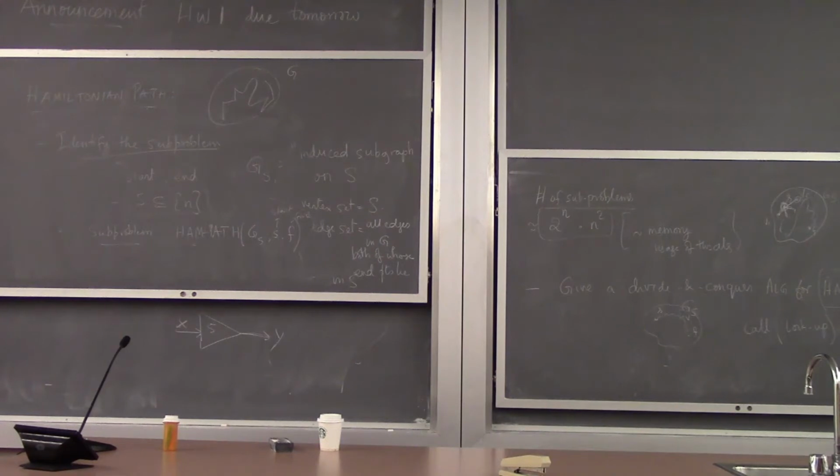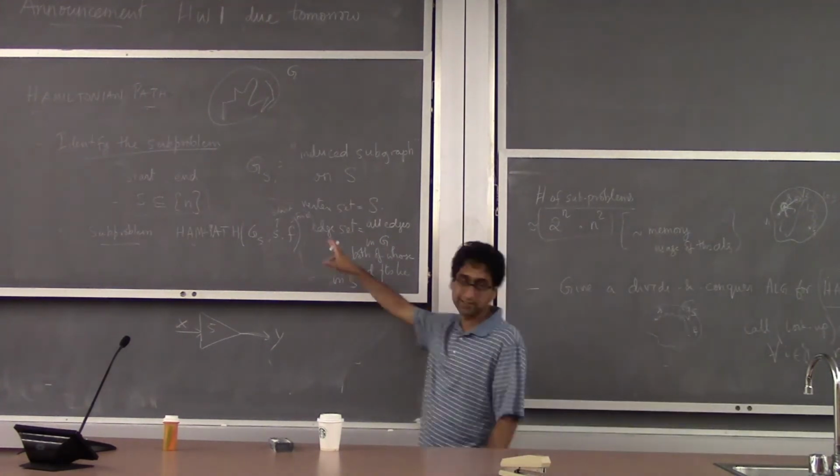Okay. And what do I have to do? Call for all i in 1 through r. So what should I call? What should I ask, right? So if I wrote ham path of something, there's the start vertex and the final vertex.